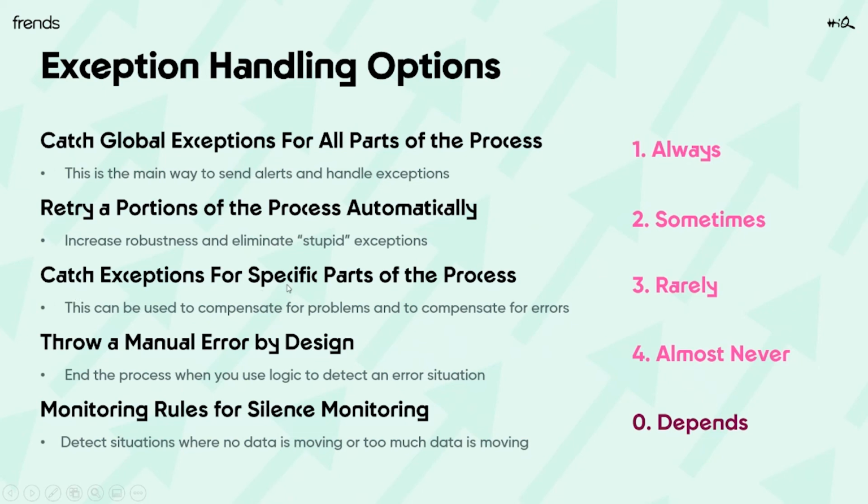Then, of course, we have the exceptions for a specific part of the process and throwing manual errors by design. These are much more rare, most often dependent on the use case and the design of the integration itself, and are not something that should be automatically enabled and included in your development patterns. You should always consider: should I do this here? And if so, what am I trying to achieve? These are the more advanced functions for exception handling.